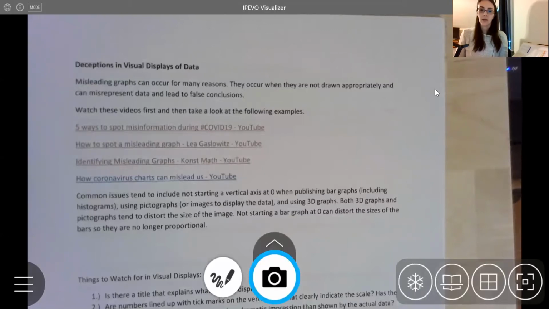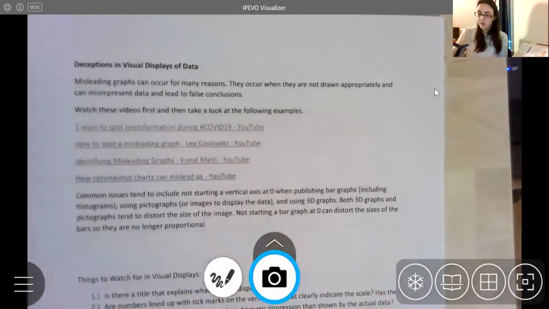Graphs that are either just done wrong, so someone who made them didn't know what they were doing, or they're purposefully misleading, meaning that the person who created them did not do them ethically. They kind of tweaked things to make different parts look more predominant than others. So these videos go through some different examples on how we can be careful about graphs or just data in general, and what to look for in graphs.